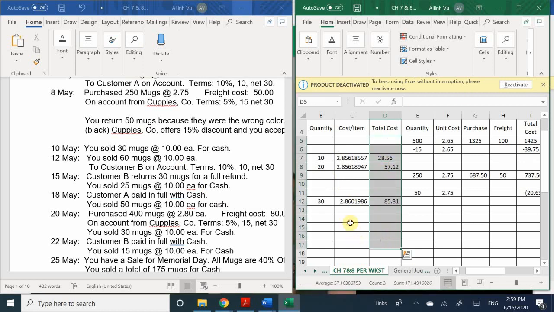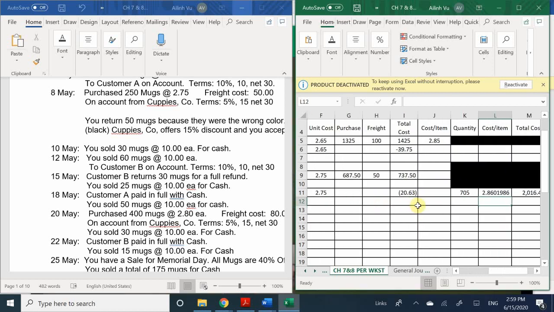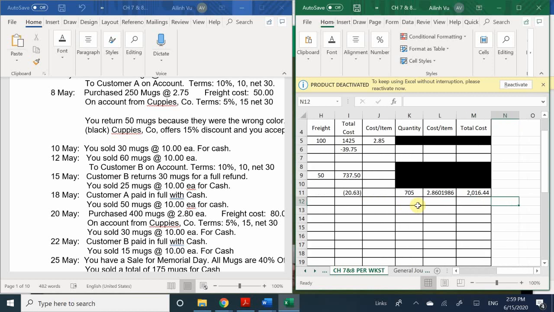Yes. Okay. $85.81 is our conclusion. This is a rounded number. All right, so 85.81 is our number. So now we're going to go over here and update our inventory worksheet.